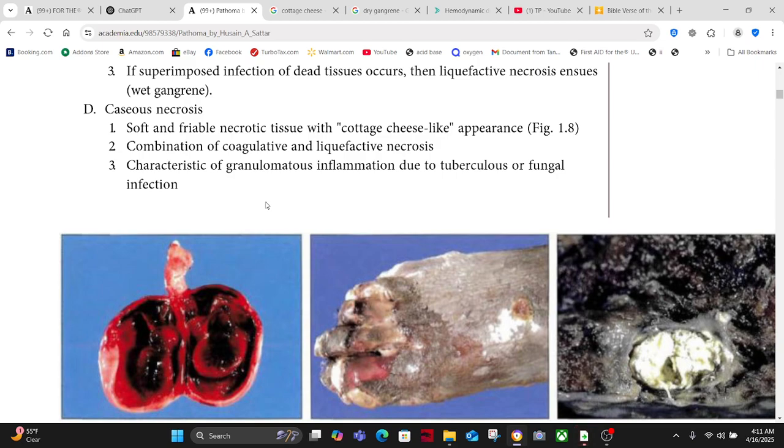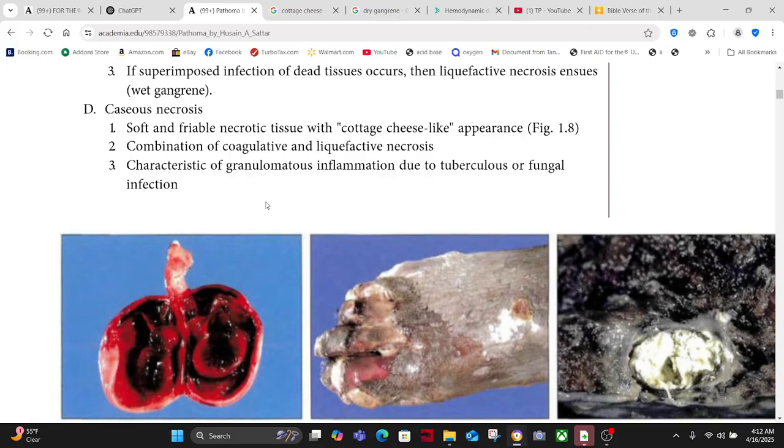So in tuberculosis and fungal infections, you would see caseous necrosis because you would see granulomatous inflammation in both fungal and tuberculosis.